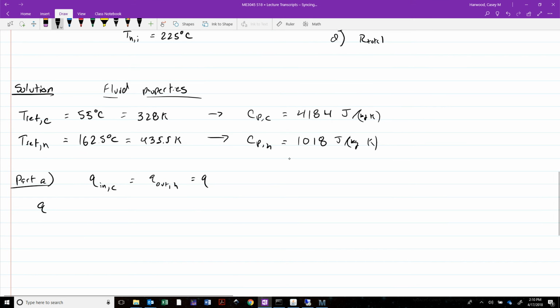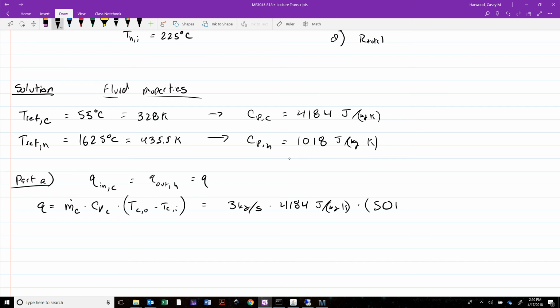In other words, Q is equal to m dot cold times Cp cold times the increase in temperature, Tc out minus Tc in, which should work out to 3 kilograms per second times 4184 joules per kilogram Kelvin times, and then the cold fluid, right, the water, undergoes a temperature increase of 50 Kelvin.